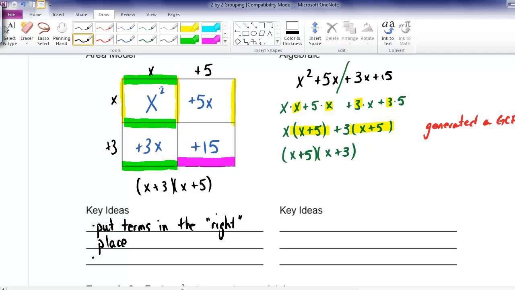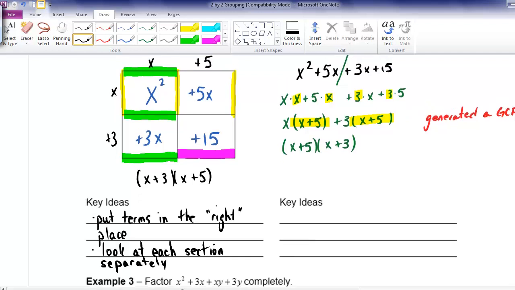And the other key idea is that you can then look at each of the 4 sections separately. And again, that's nice. Breaks a difficult problem into easier problems.